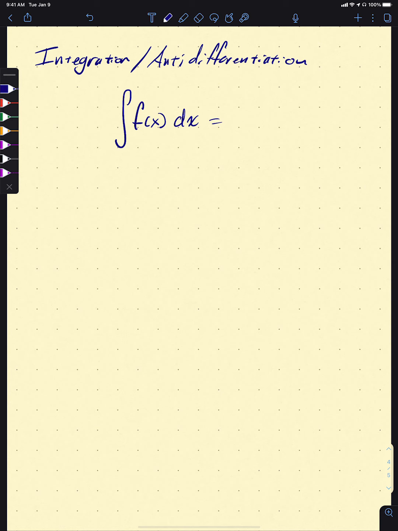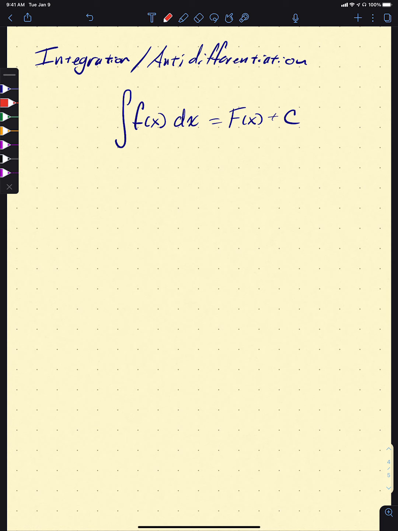And we write it like this, right? If we're taking the integral of f of x, we're looking for the antiderivative. We put this guy before it to say, hey, we're taking the antiderivative, and then the dx tells us with respect to what.